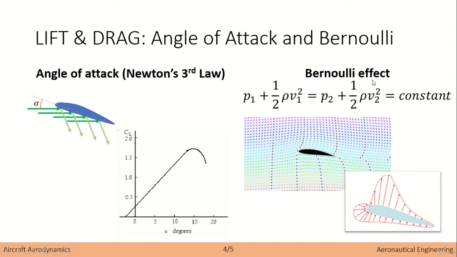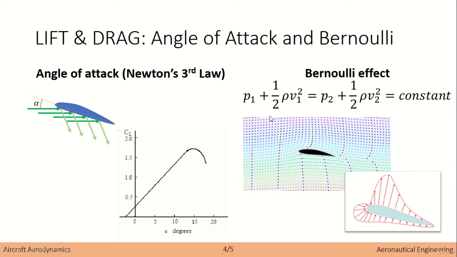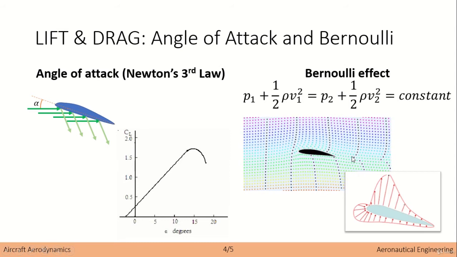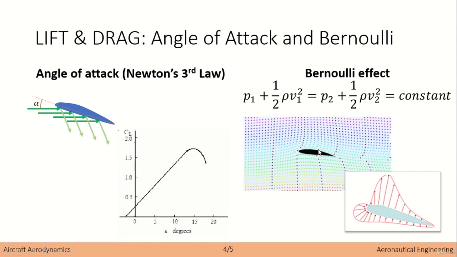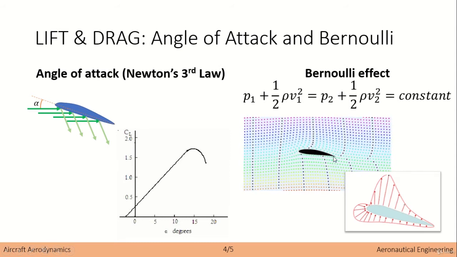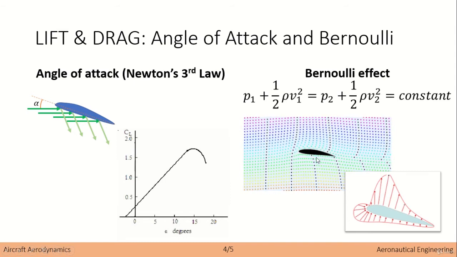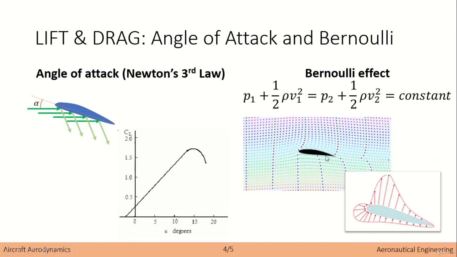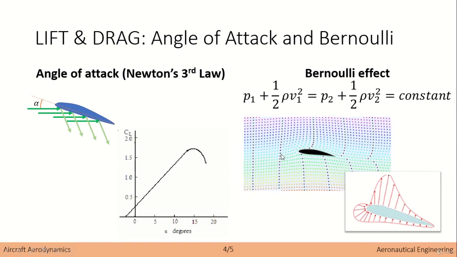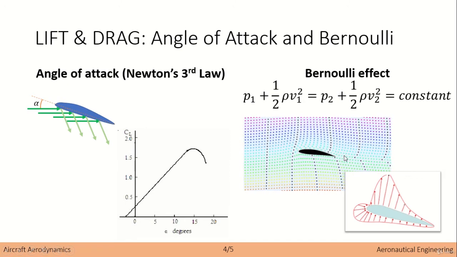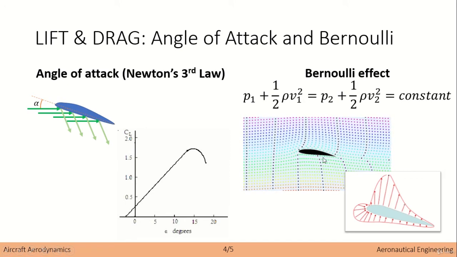Now, Bernoulli effect is quite interesting and describes quite well why a specific geometry of the airfoil will actually imply more or less lift, okay? So imagine that you have a specific geometry which is able to change the velocity of the particles on top and on the lower part, right?